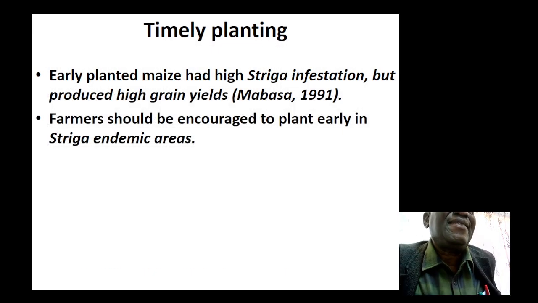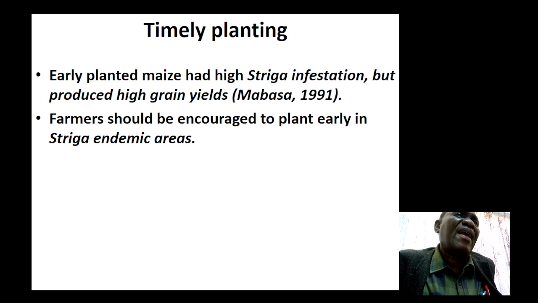Timely planting. In this country, we found that if we planted maize early, we could increase grain yields, but the number of striga infestation was not reduced.